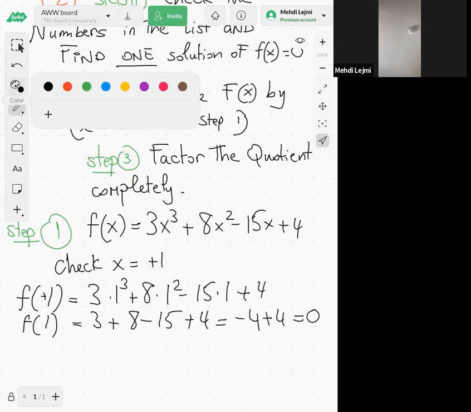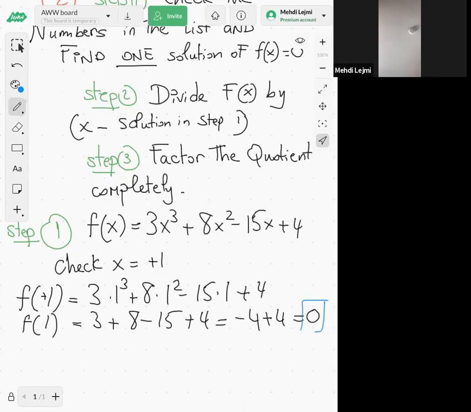So if you get 0, it means that 1 is the solution of f of x equal to 0, right? If you don't get 0, you have to check the next number. Here I got 0, so now I am done with the first step. So x equal to 1 is the solution of f of x equal to 0.